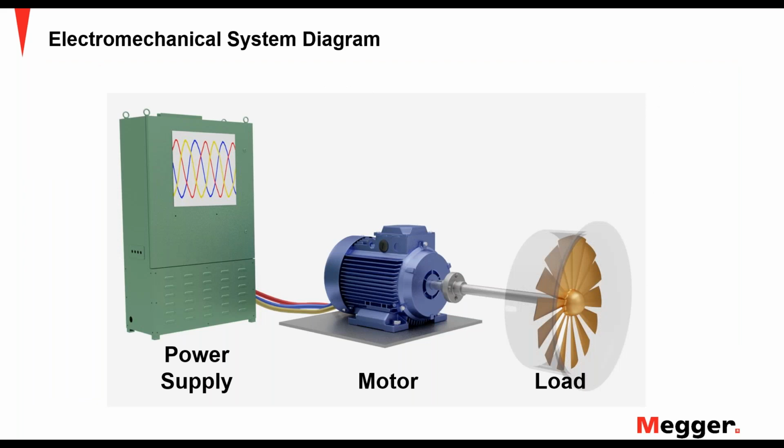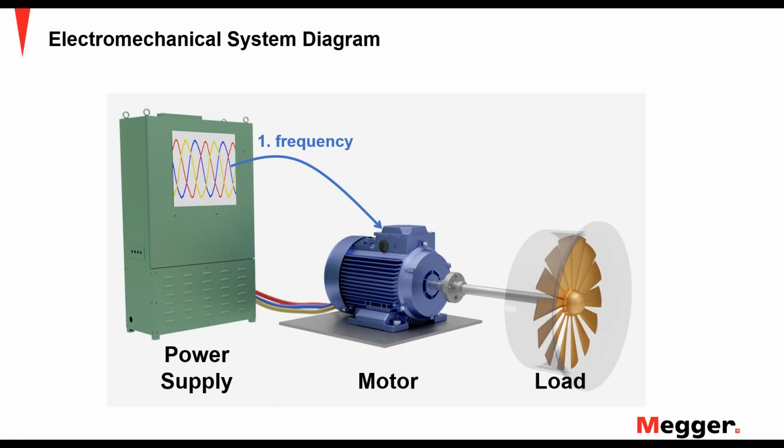So again, here's our electromechanical system. We've got our power supply, our motor, and our load. The power supply supplies that power at a certain frequency. And as we supply the voltage to that motor at a certain frequency, an electromagnetic field is created in the stator of that motor, and it's going to spin at a certain speed.